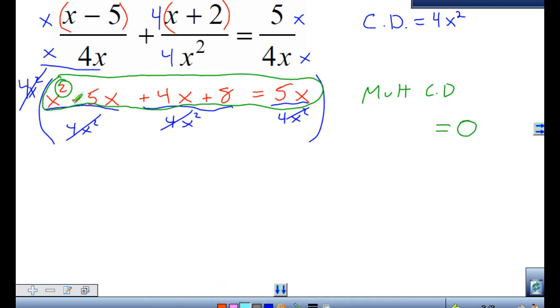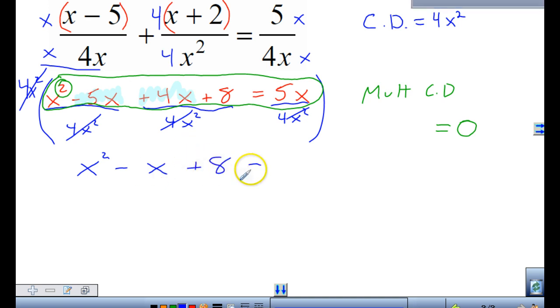I see I've got negative 5x, positive 4x. I'm going to combine those together. And then second, I'm going to subtract 5x on both sides, and that will make it equal to 0. So we have x squared, negative 5x plus 4x, plus 8 plus 5x.